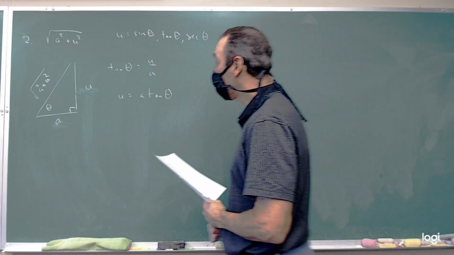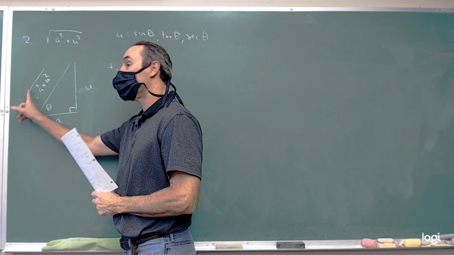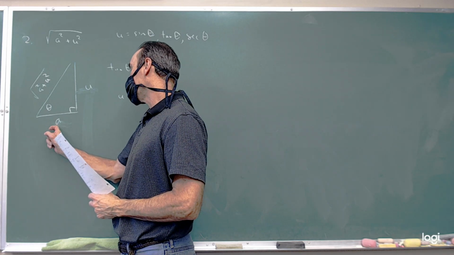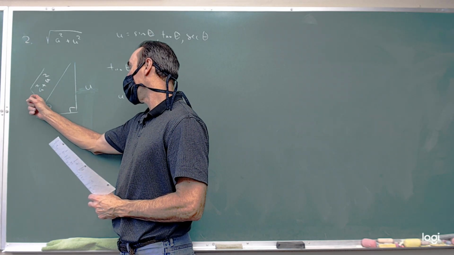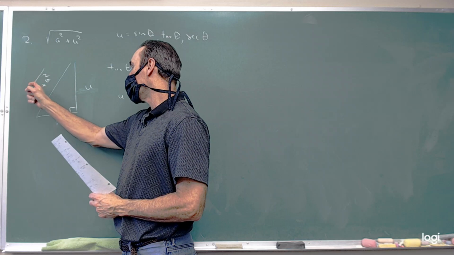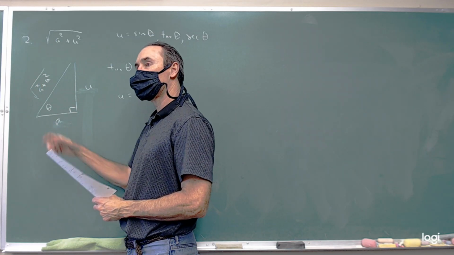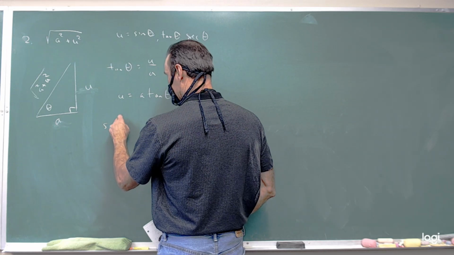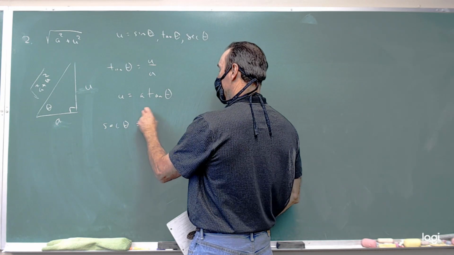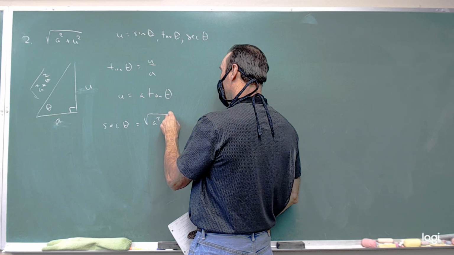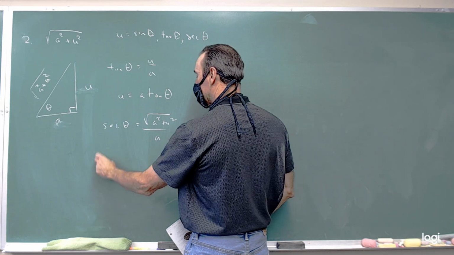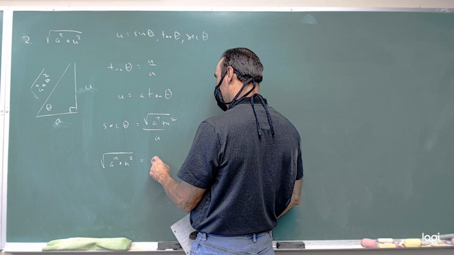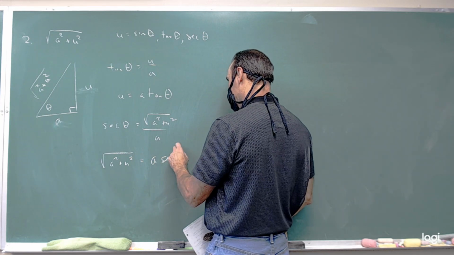And our radical, I'm going to pair also with the constant. Hypotenuse over adjacent is going to be a secant. So the way we're going to substitute that radical is with a secant of theta times a.